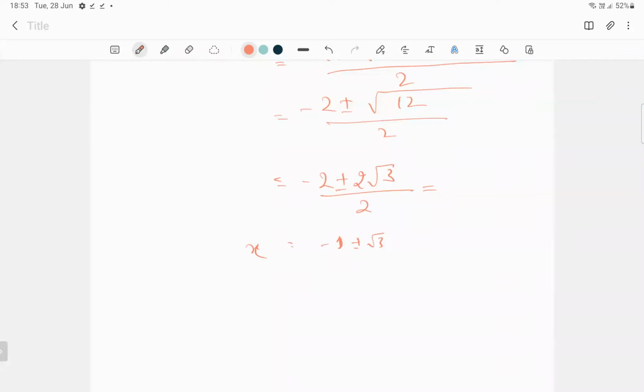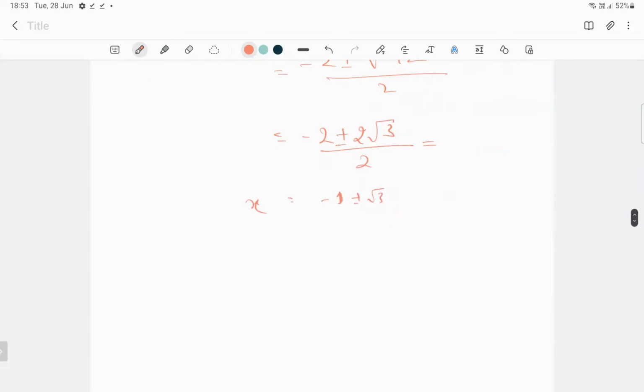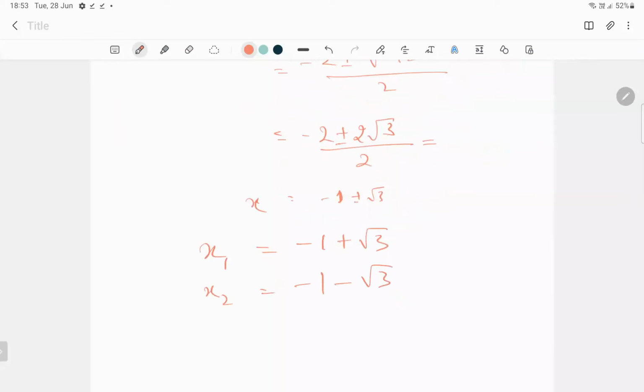Our main aim is to learn how to write in terms of interval, not to solve the quadratic equation. So two values of x we are getting. One is minus 1 plus root 3, and this is x1, and x2 is minus 1 minus root 3. Which one is bigger, x1 or x2? x1 is bigger.